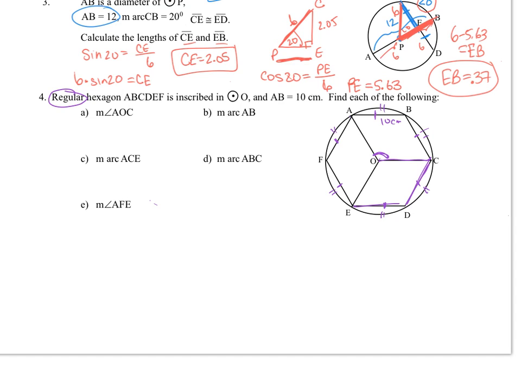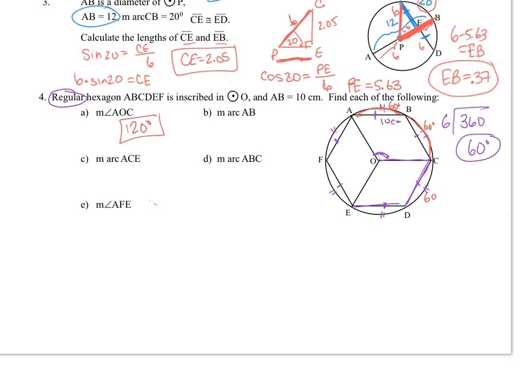So I've got 360 degrees in a circle and 6 arcs. Divide that out, and each of these little arcs will be 60 degrees. So AOC will be 120 degrees.